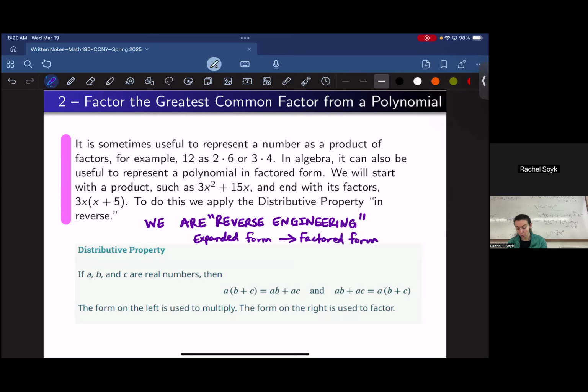Versus what we did before, was factored form into expanded form using our distributive property.